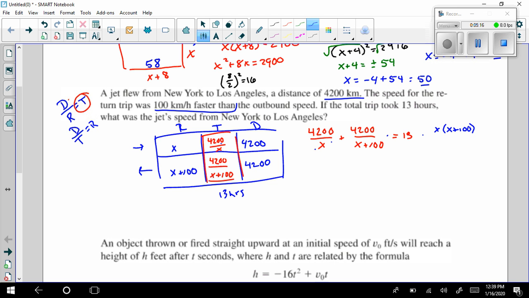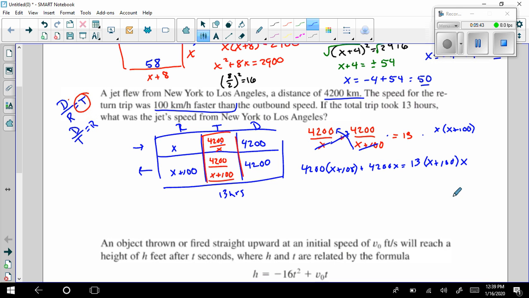Okay, so here this goes away, and the x plus 100 is the only thing there, so we get 4,200 times x plus 100 plus 4,200, and here the x plus 100 will cancel, and the x will come up, and that's x is equal to 13x times x plus 100.